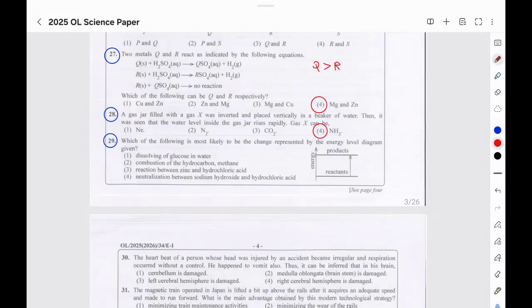Shadia, your answer is correct. Students, we know that. Yeah, Akshay, your answer is correct.